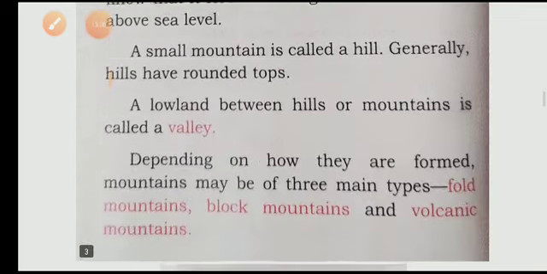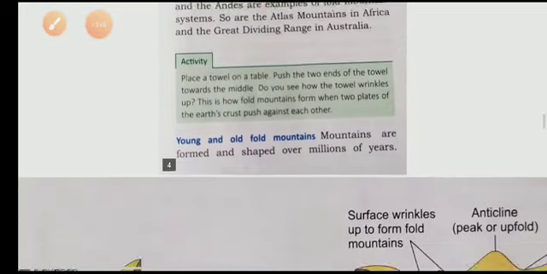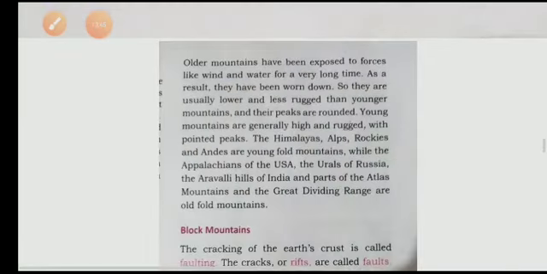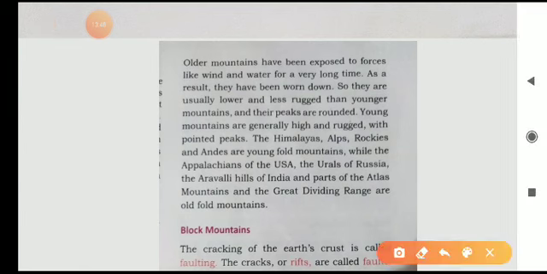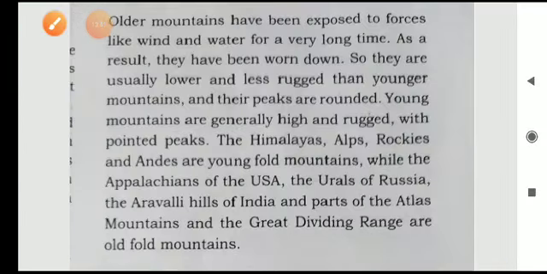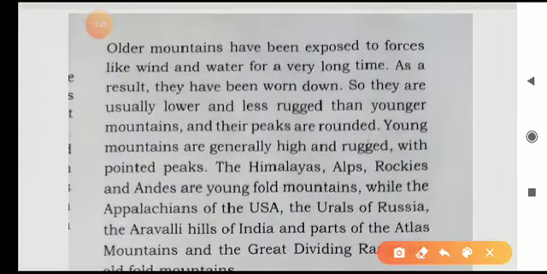As a result, they have been worn down. So they are usually lower and less rugged. Then no need of the next sentence. We can start with the next one. Young mountains are generally high and rugged with pointed peaks. This is the answer of B3.